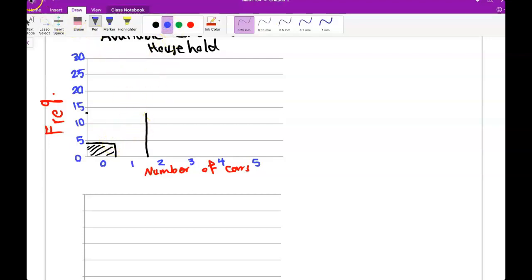Okay, I want to use different colors so you can see. So these are rectangles. Then for 2 cars, we have 22.